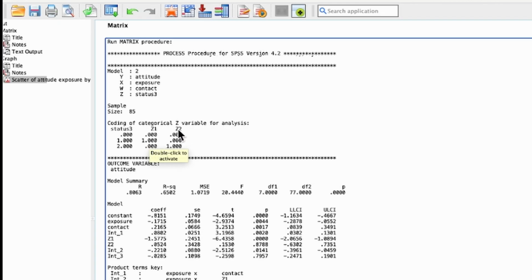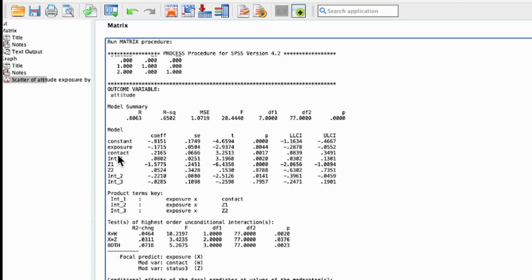And for Z2, everything is off except for the final one, where the smoking status is indicated by 2. This one is on and the rest is off. So it essentially indicates that Z1 stands for the former smokers and Z2 stands for the smokers. So this is indicated by the coding.